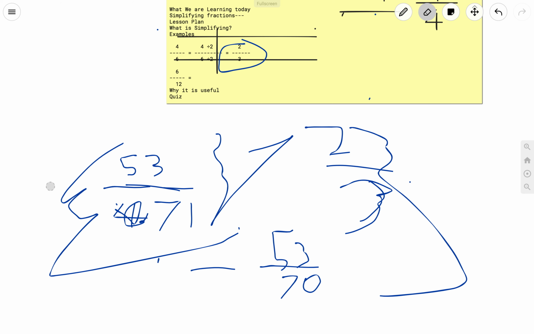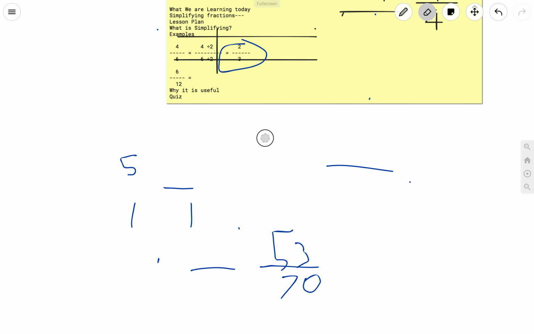Okay. So I think our lesson can finish now. Let me do some basic sum up. So simplifying is to make it simpler, which means you divide both the top and the bottom by the same number in order to make sure it's equal.